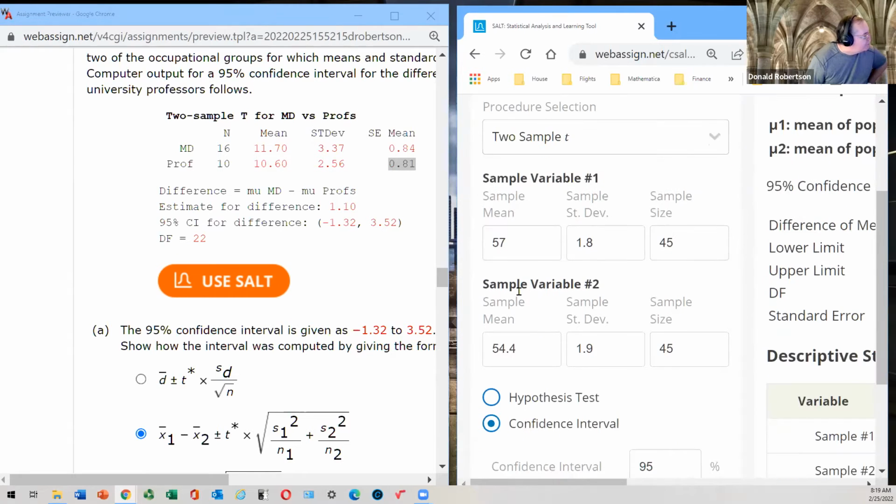So there are two groups here. There is 11.7. Standard deviation, 3.37.